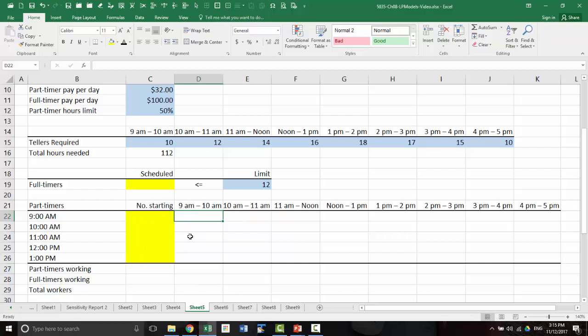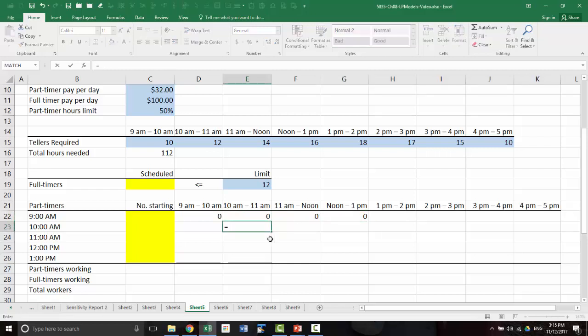So the first set, these tellers starting at 9 a.m. Now I'm going to have to absolute reference this, right? They will start at 9 a.m. and that same C22 will work till 1 p.m. They will be here till 1 p.m. and they are done.